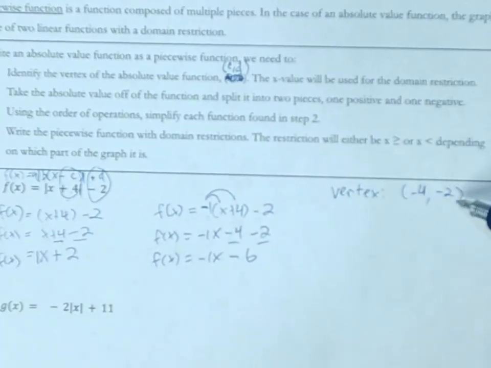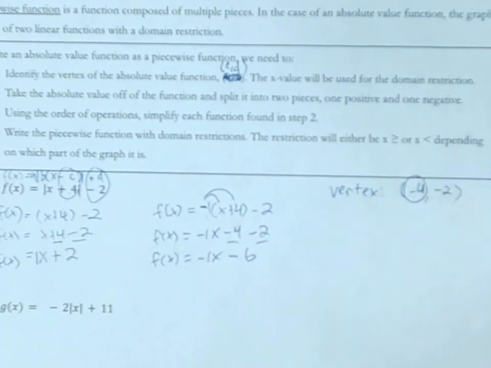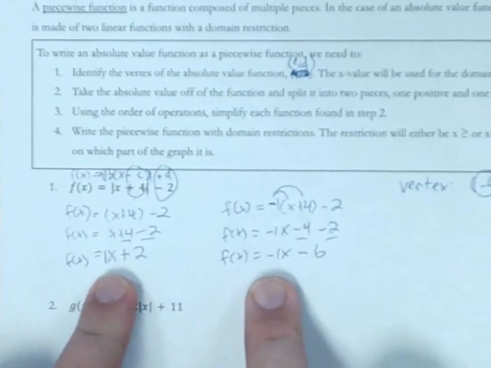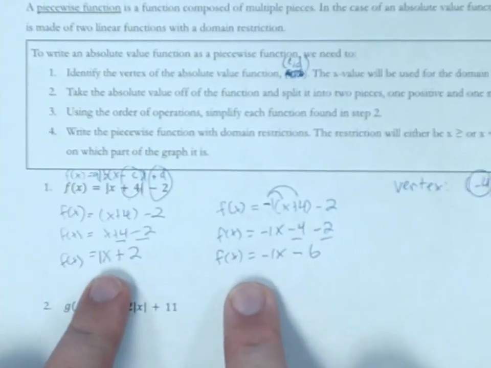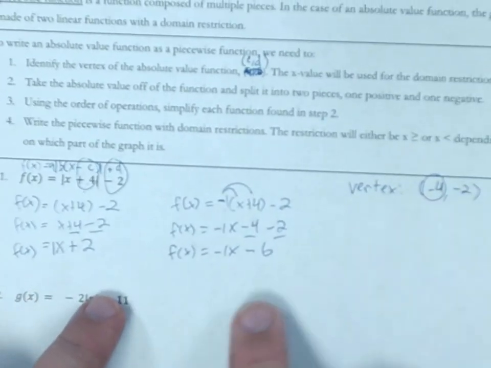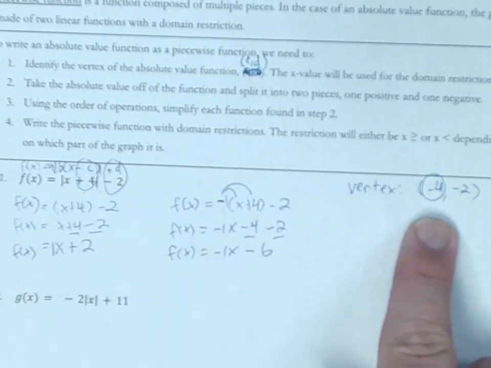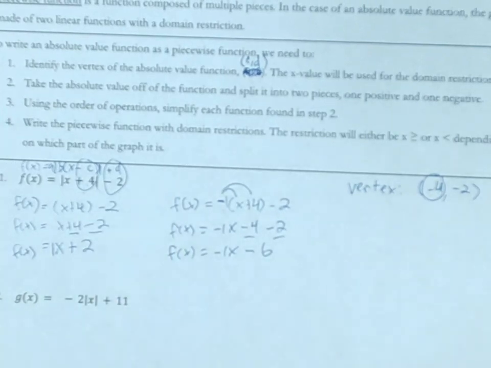Now of that, I don't really care about this. I care about this. One of these lines will be looked at from everything greater than negative 4, and the other one will be looked at from everything less than negative 4. And the question is, how do I know which one goes where? And again, it has to do with the slope.